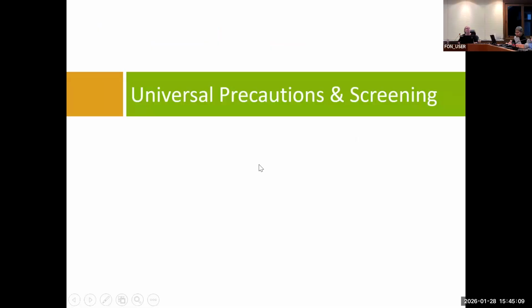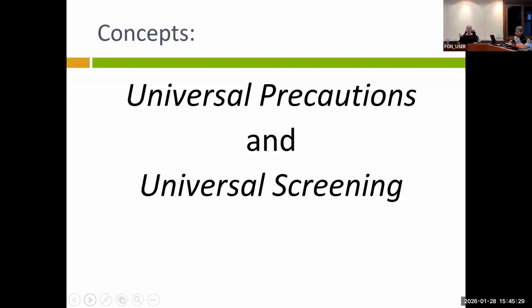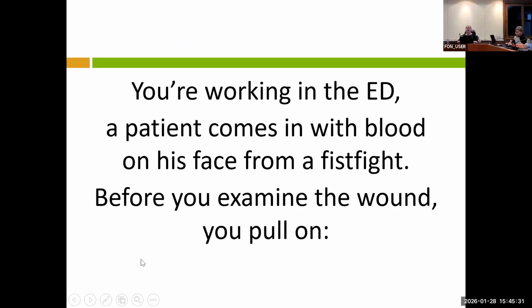So now I'm going to briefly go through universal precautions and screening. As I said in the beginning, this is really related to the US context, but I think it's also relevant a little bit here. So when you're working in the emergency department, a patient comes in with blood on his face from a fist fight.